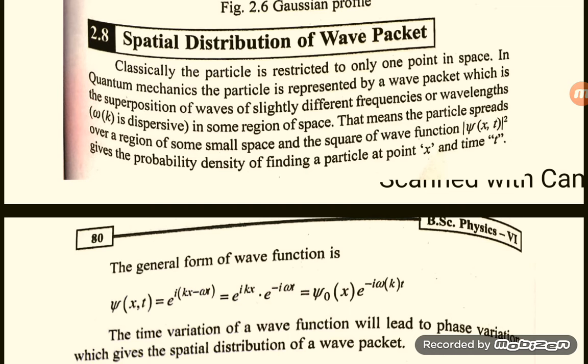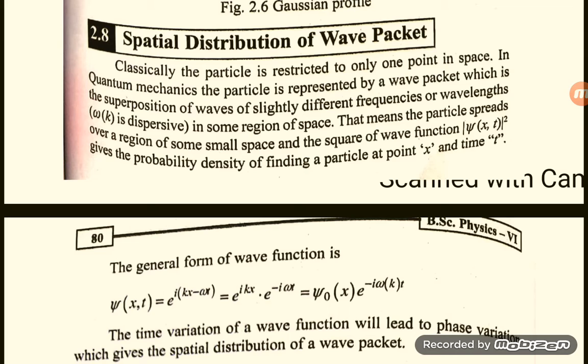In general, we know that a particle occupies a minimum space. But when you consider the wave packet, the waves are associated with the particle, and the wave packet occupies a region, not a particular point. So within that region, the particle will be there.